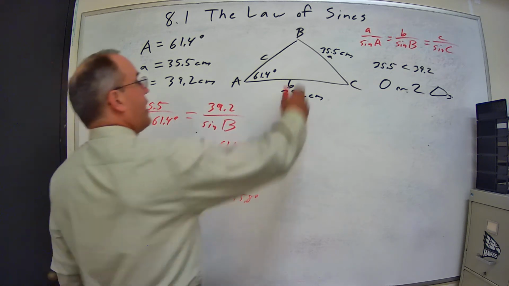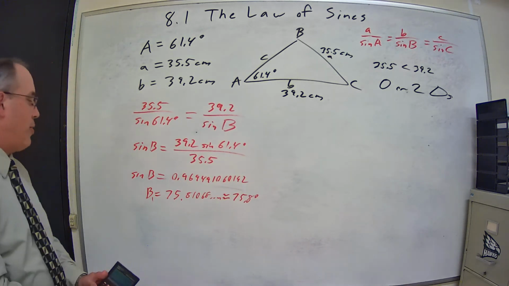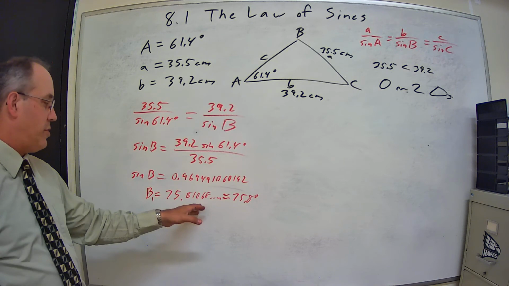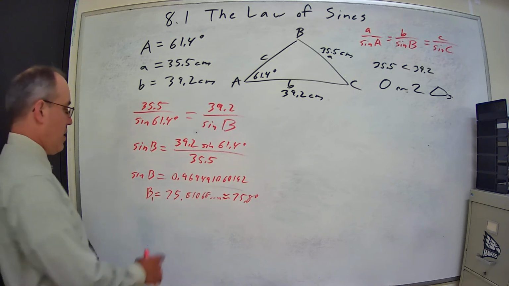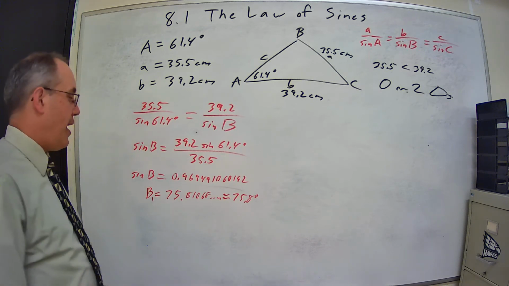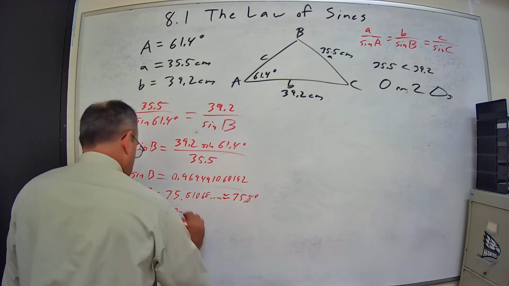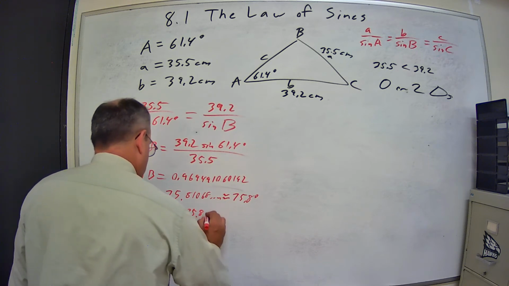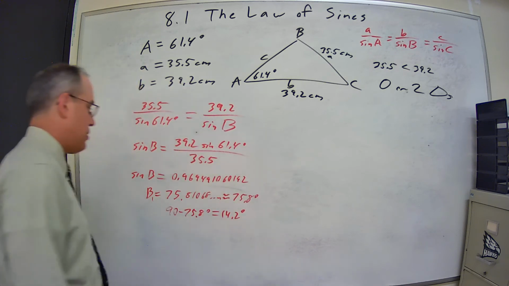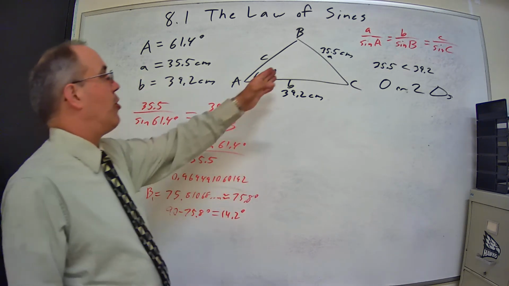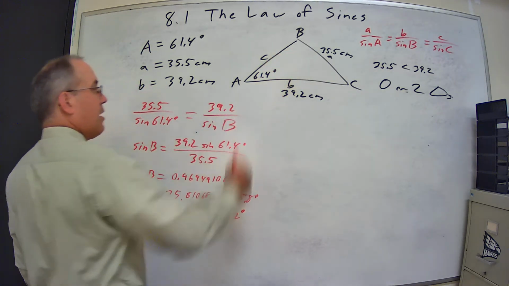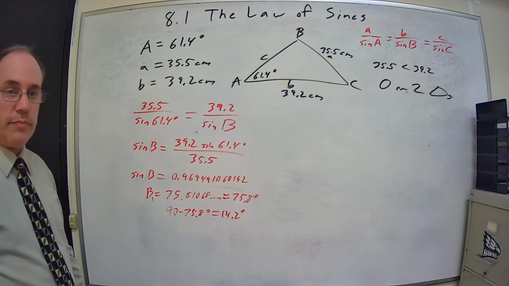So here we've got it as 75.81086... So 75.8. We should subtract that from 90. So 90 minus 75.8 degrees gives us 14.2 degrees. So we're on one side of 90, or we can be on the other side of 90.